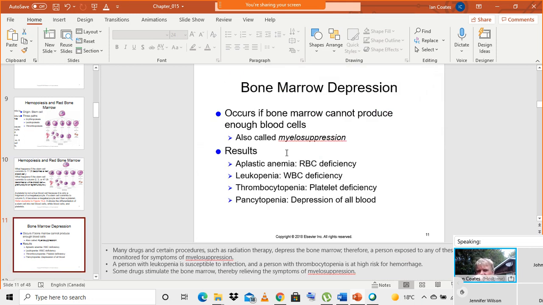Bone marrow depression occurs if the bone marrow cannot produce enough blood cells, and the result is RBC deficiency. Again, I'm not really into diseases as of yet. I would rather you know more about the body than what attacks it at this point in time, so don't really worry about naming diseases. But there might be something from these.